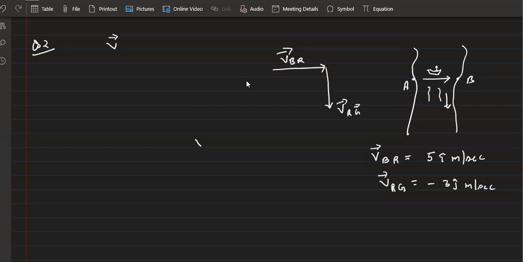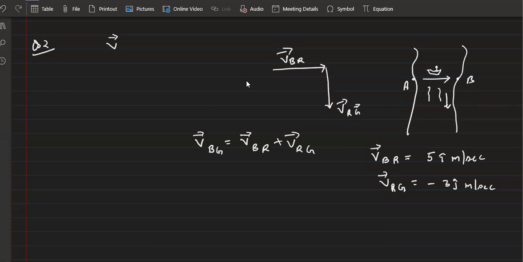Because you want to find the velocity of boat with respect to ground. The relationship between these two motions is: velocity of boat with respect to river plus velocity of river with respect to ground. That's the relative motion.